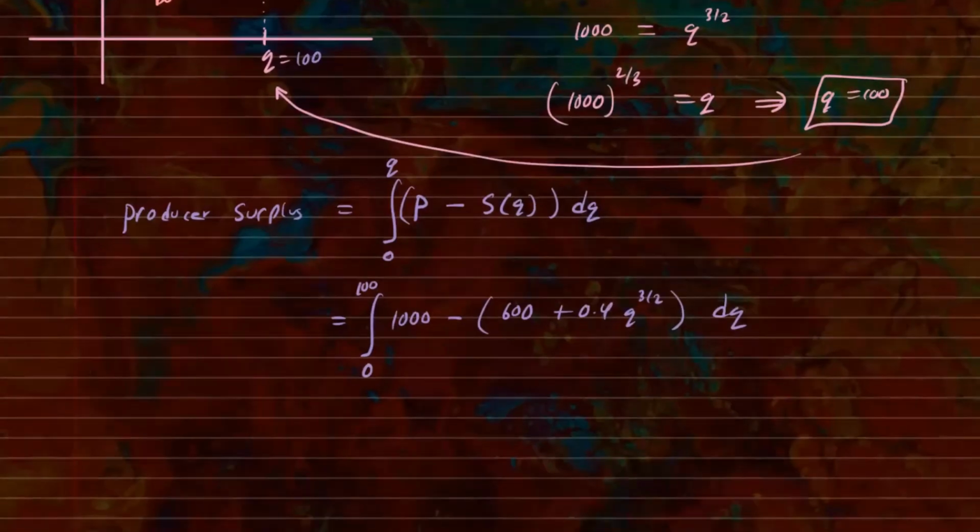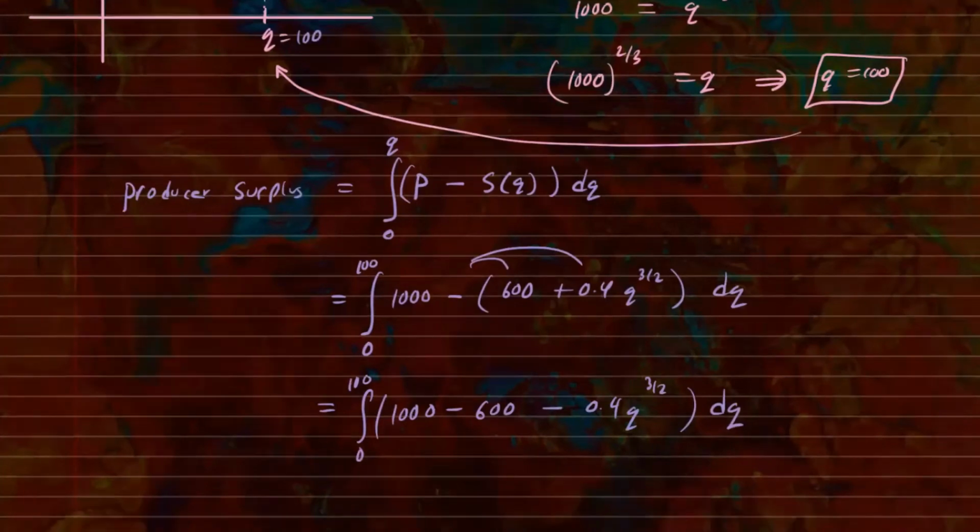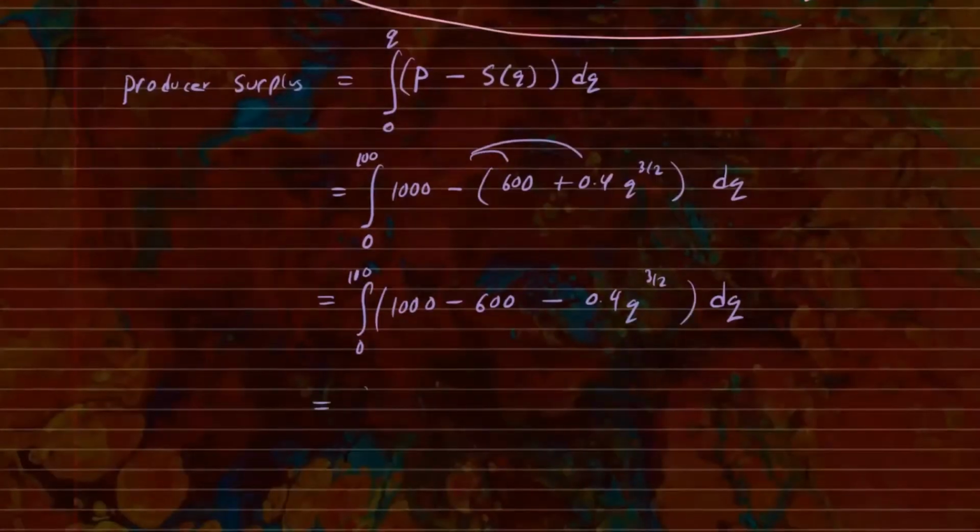And then we continue on with the simplification here. I'm going to distribute the negative. You have the integral from 0 to 100 of 1000 minus 600 minus 0.4 Q to the power 3 over 2, integrating with respect to Q. Then I can combine the numbers 1000 and 600 before integrating. So this is 0 to 100, 400 minus 0.4 Q to the power 3/2, integrating with respect to Q. Now we can integrate.